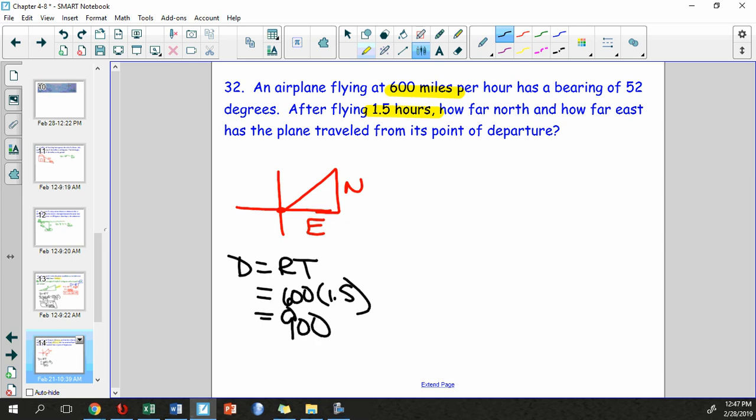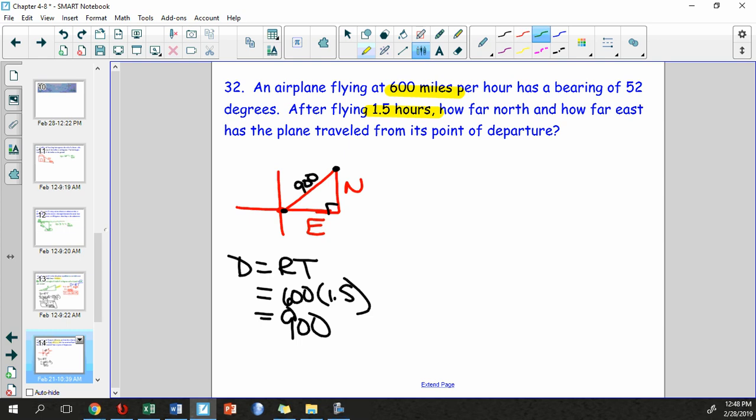Where's the 900 go, according to my story problem, if my right angle is right here? Where's 900 go? This is where I started. This is where I ended. It's the hypotenuse, guys. Right? Okay. That's what else is telling me. My bearing was 52.